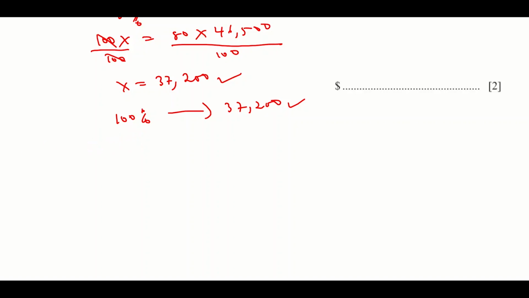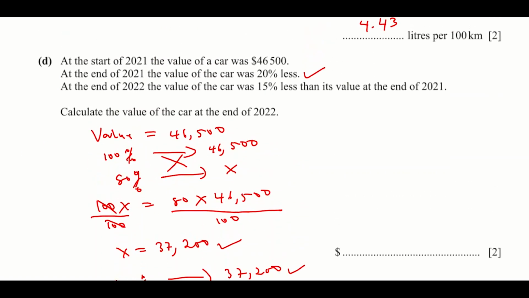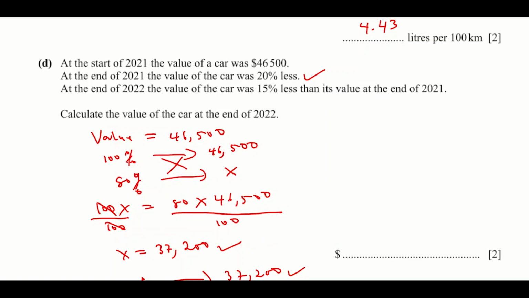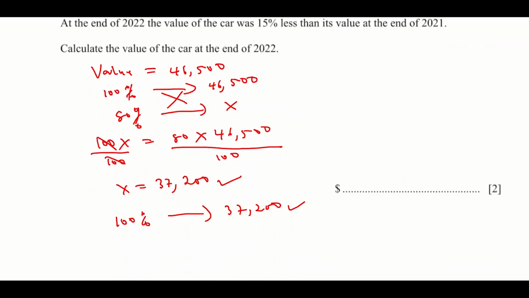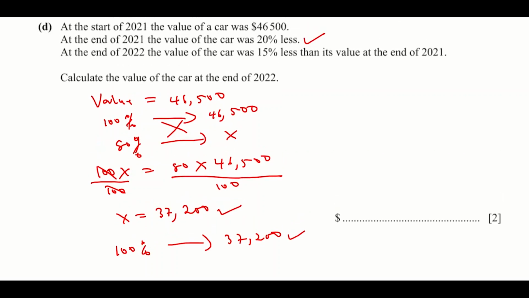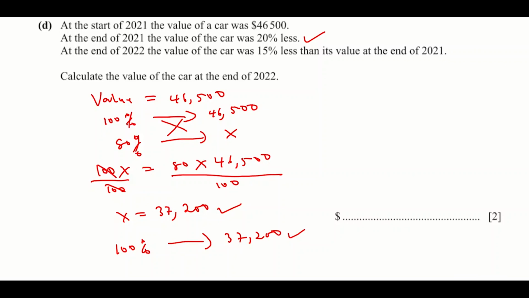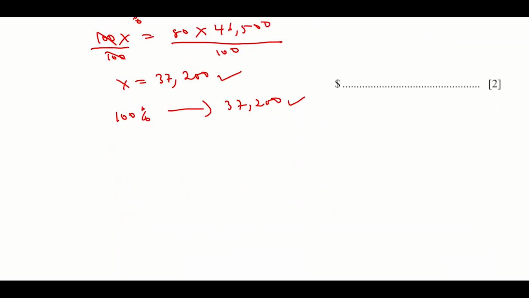So if it is 15% less than its value at the end of 2021, that is the value at the end of 2022, we need to get the price at 100% minus 15%, that would be 85%.